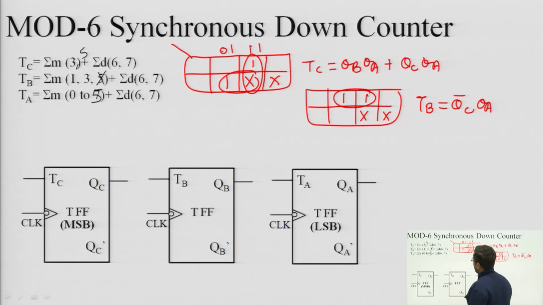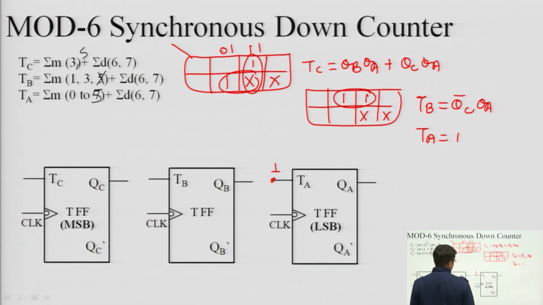And for TA, all the terms are high, so TA is equal to 1. Using these connections, all of them can be converted into this circuit: TA is equal to 1, and QB QA. To avoid the complexity we are using QB QA for TC, so I can use these kinds of structures as well.